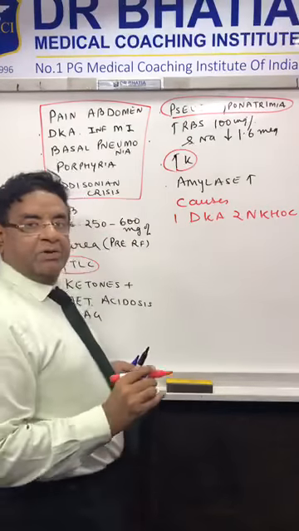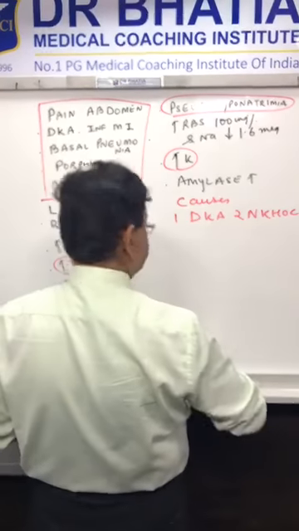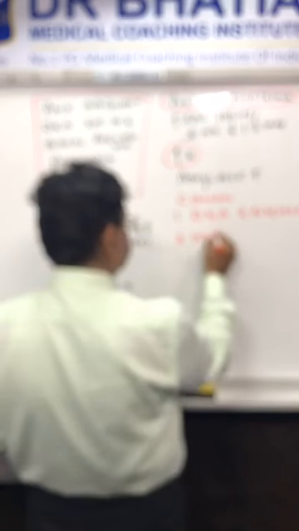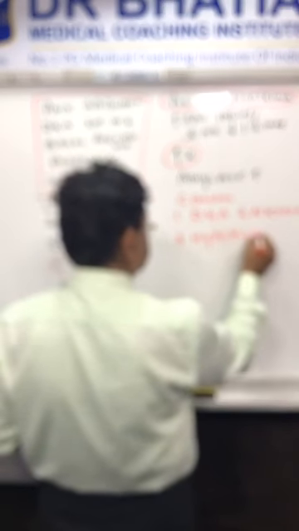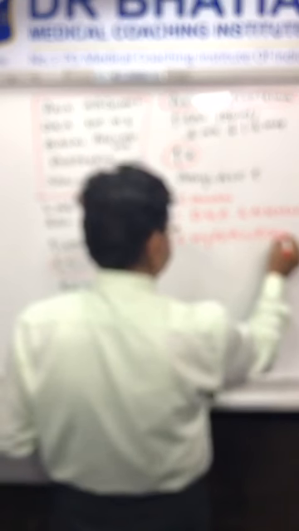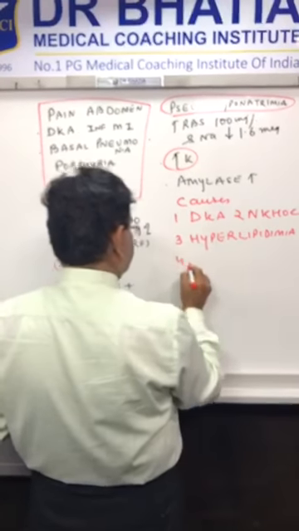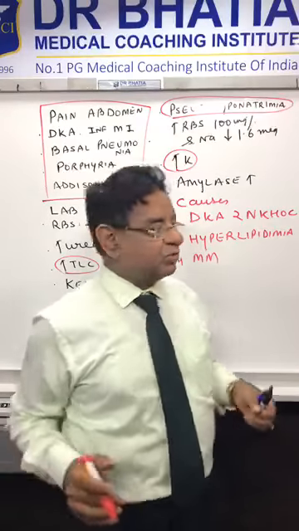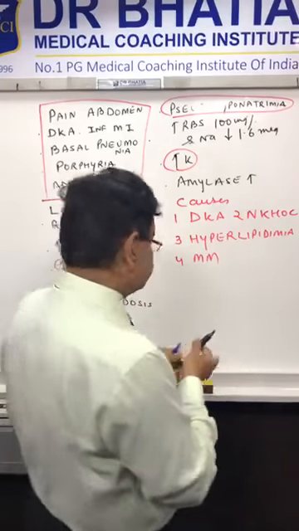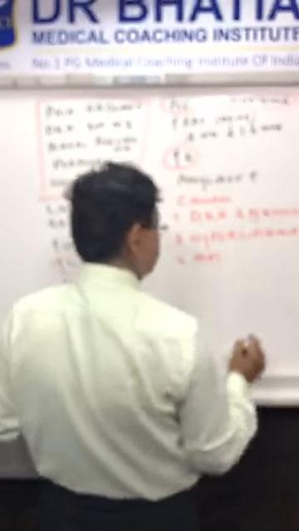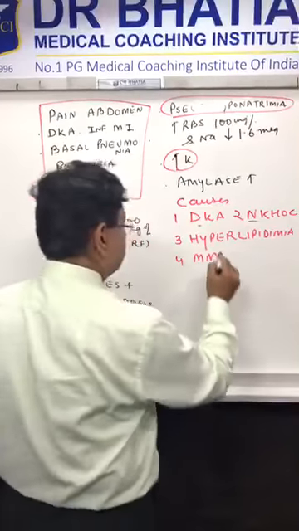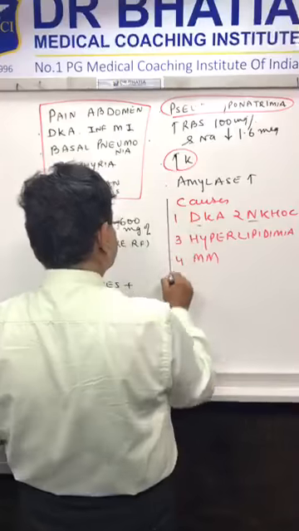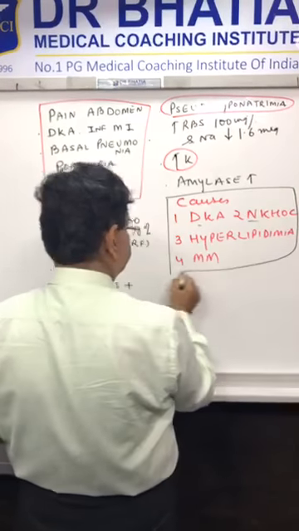Third, hyperlipidemia. Multiple myeloma, or any condition where protein is high. So friends, any condition with high sugar like DKA or non-ketotic hyperosmolar coma, high lipid, or high protein like multiple myeloma, these are the causes of pseudohyponatremia.